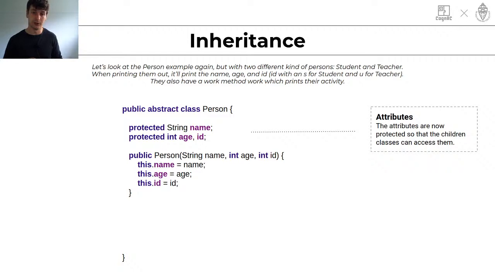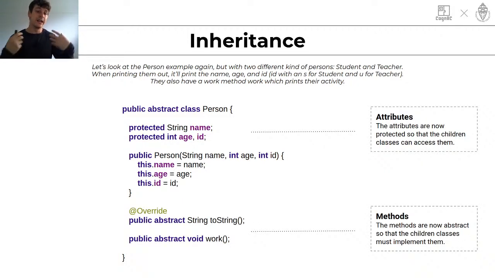All teachers and students have a name, an age, a national identification number, and they can also have things like a toString, basically representing the ID of the teacher or the student, and they can also work.